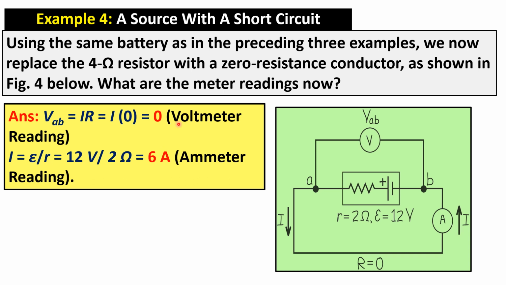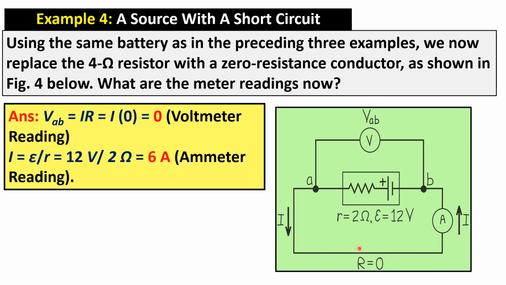It is 0, right? But all the current that is generated by the battery, with nothing to oppose except for the internal resistance, but no external load or resistance that can oppose that current.